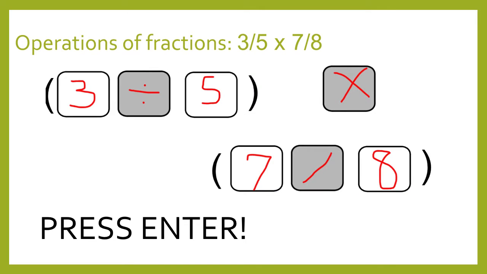Now we're going to do an operation of fraction. We're going to do 3/5 times 7/8. So go ahead and enter in the 3/5. Make sure you use parentheses. Did you notice something when you mashed the multiplication sign? Looks like an asterisk. It doesn't look like a normal multiplication sign.